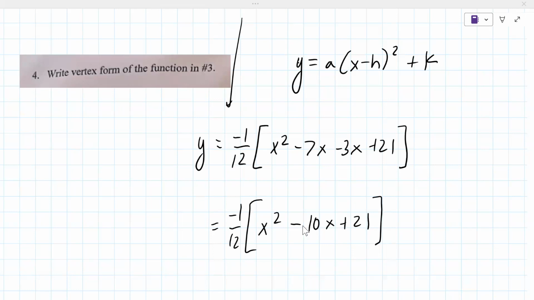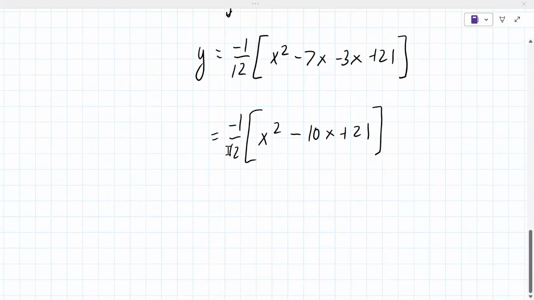So, how to do this. This is not the best problem to start with completing the square, but you start by taking half of this number right here, and I'll just talk through this one.